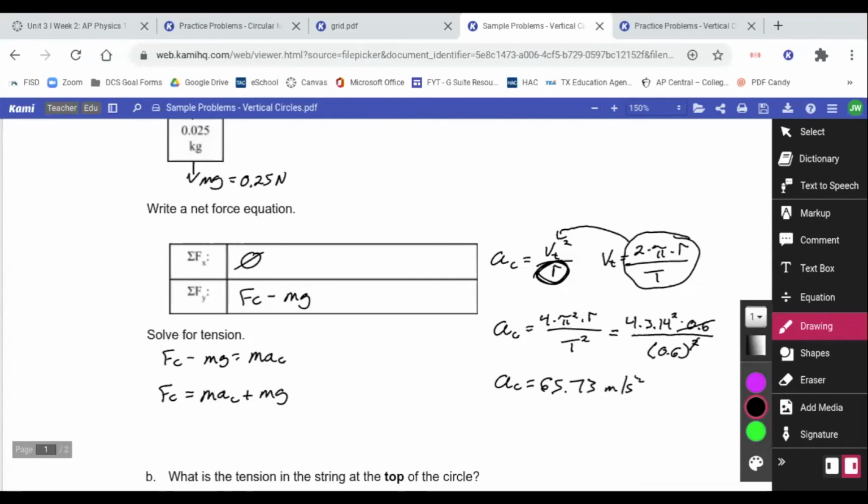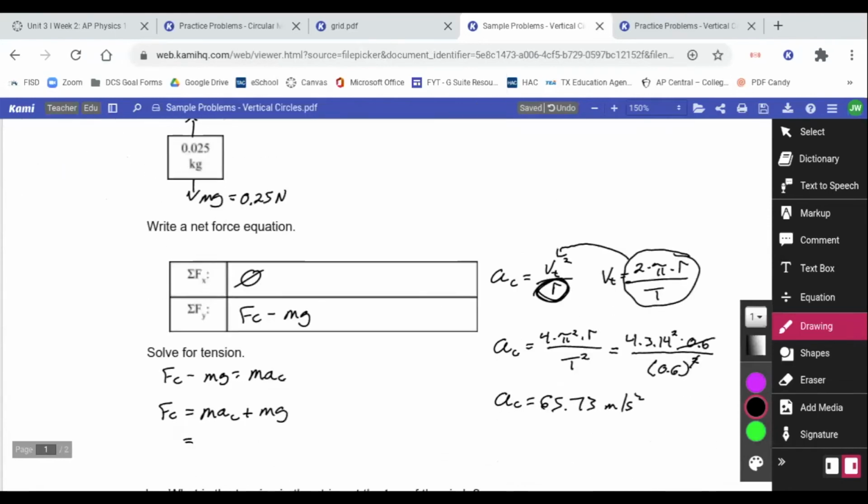So that means over here, I would have my mass. My mass was 0.025 times 65.73 plus the mass of 0.025 times g, which is 10.